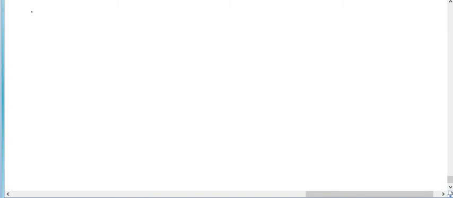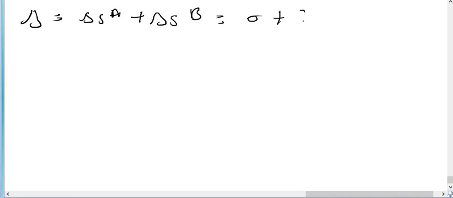Therefore, the total entropy is equal to dSA plus dSB, which is equal to 0 plus 0.93.